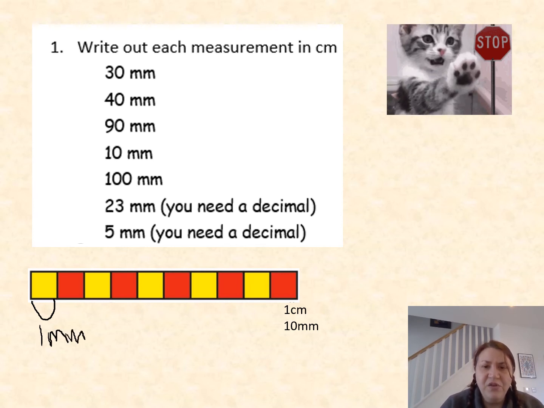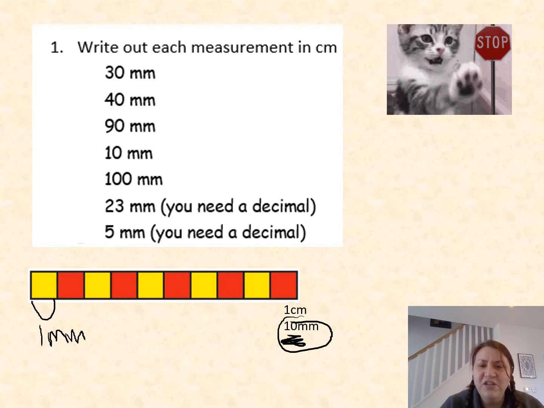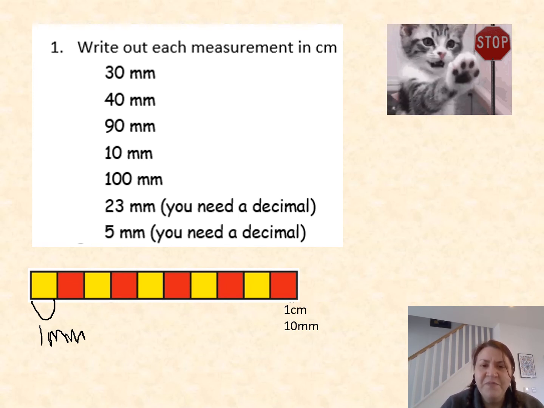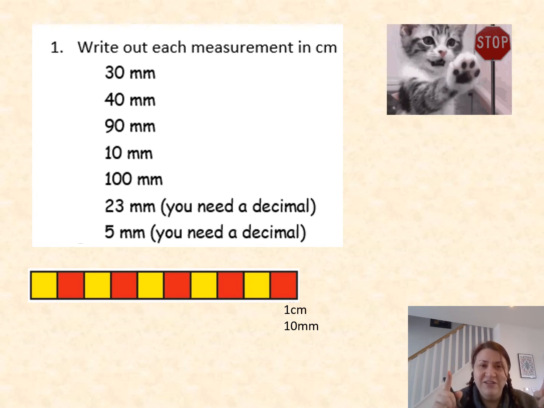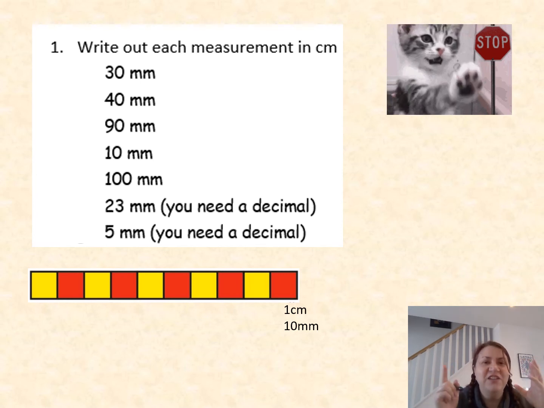Okay, so this will get me to 10 millimetres. How many then centimetres will be in 30? So that's this 3 times, which means it will also be this 3 times. And don't forget, because we're going from a smaller to a bigger, we're going to divide. So it will be 30 divided by 10 in this case.